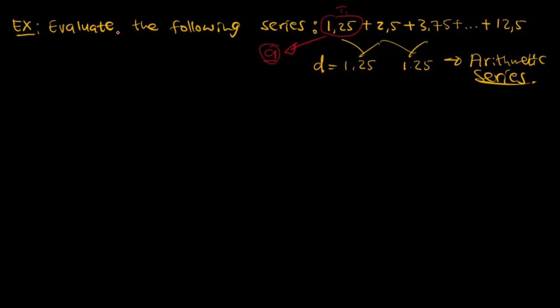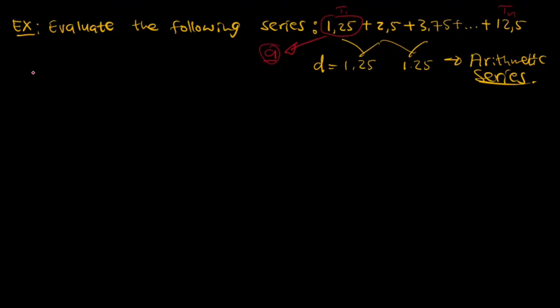Now the question says evaluate the following series, meaning calculate the sum of this series. So from term 1, term 2, term 3, this we do not know. This will be Tn. We do not know the term this is, right?